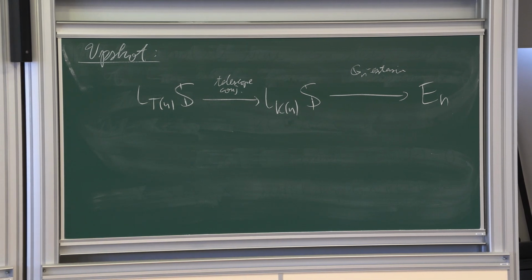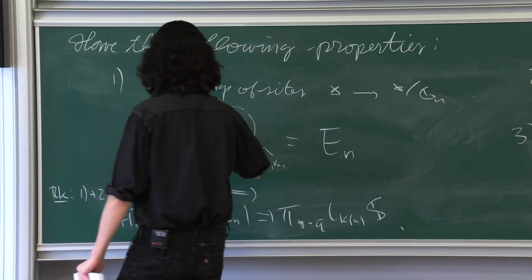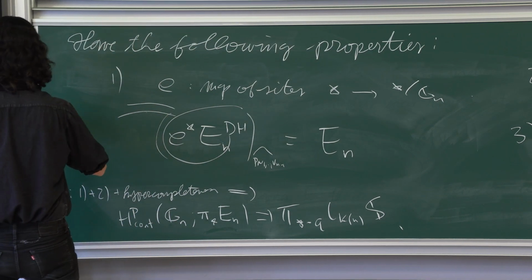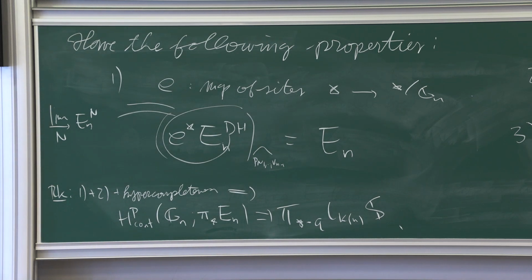And the GN extension is like a limit of the, ENN. What is the relation between EN and the co-limit? Yeah, they're the same up to this completion. So this is like the co-limit over N of EN N. And is it the case that LKNS is like the fixed point of N on capital?